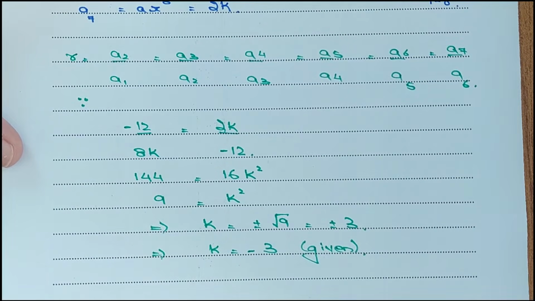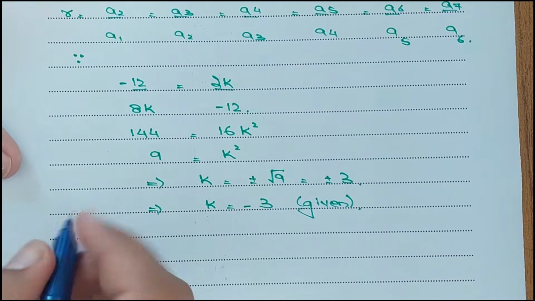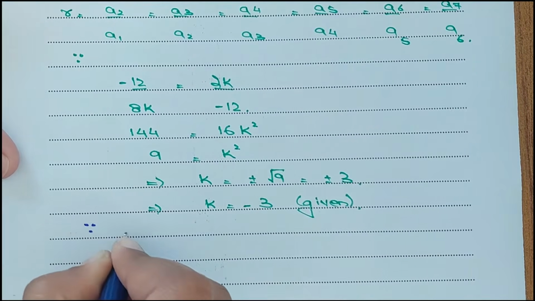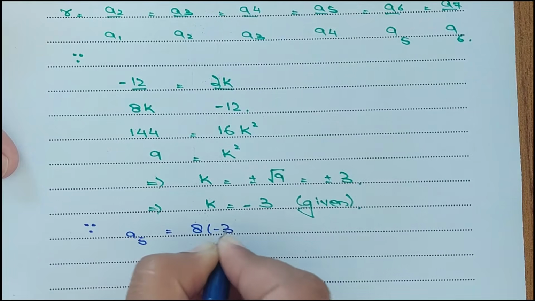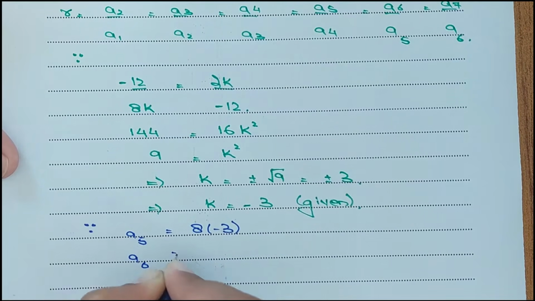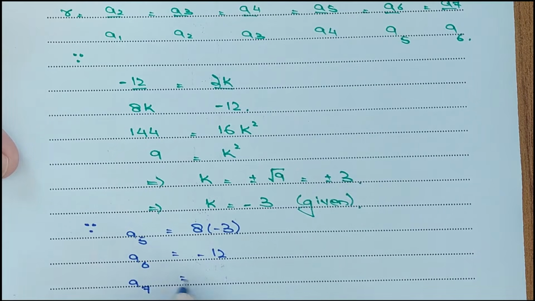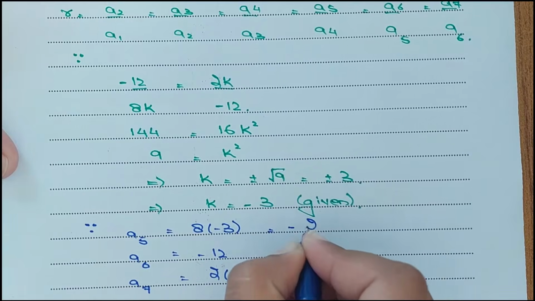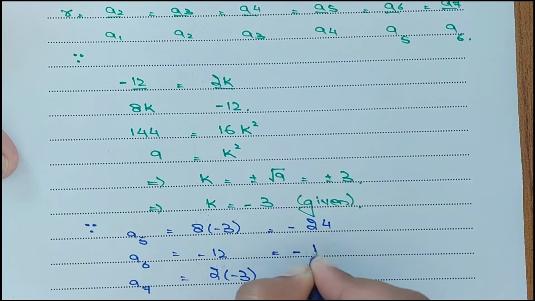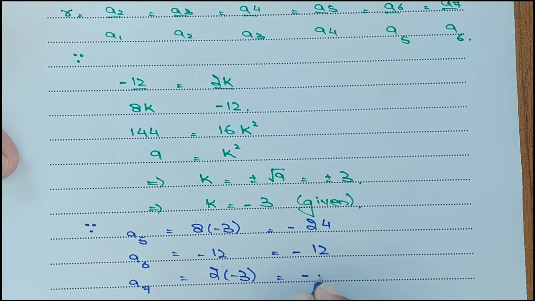Okay, so when k is negative 3, what are the three terms we have? Here a5 is 8 times negative 3, a6 is negative 12, and a7 is 2 times the k value, which is negative 3. We have 8 times 3 is 24, so minus 24, minus 12, and minus 6.